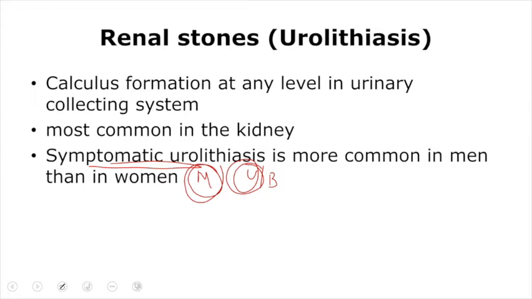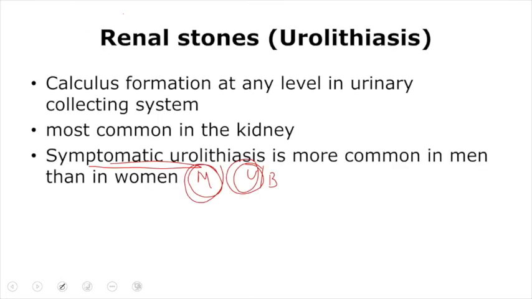Now we will look at how a renal stone forms. As I've already said, in our kidney there is filtration of solutes on a day-to-day basis, and because of this filtered solute, there is always a risk of kidney stone. Kidney stone is more common at 20 to 30 years of age.